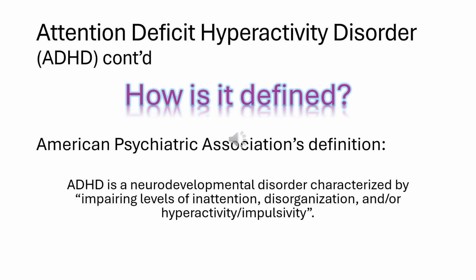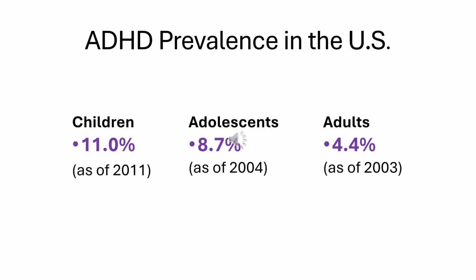It is important to note that these traits must reach a level of impairment in an individual before it's considered part of the characteristics of a disorder. The prevalence of ADHD in the US is listed here. You can see that children have the highest prevalence at 11%, and adults have the lowest at 4.4%.